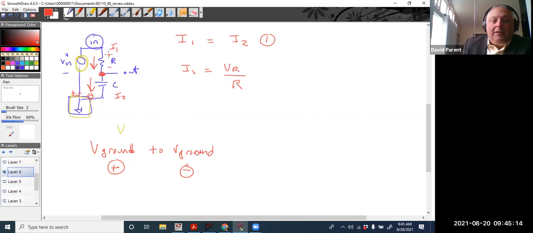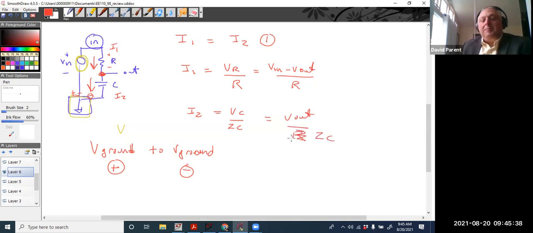Well, that would be V in minus V out divided by R. I2 equals VC divided by ZC, which is just V out divided by the impedance. So that's equation 2, 3.